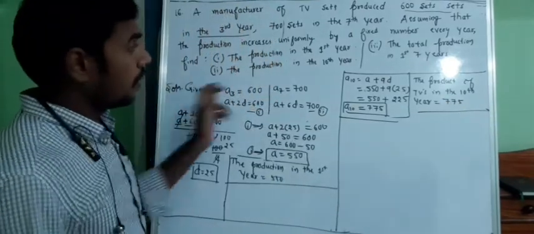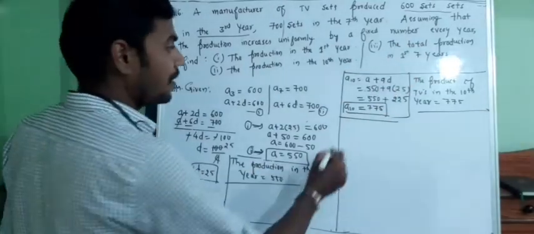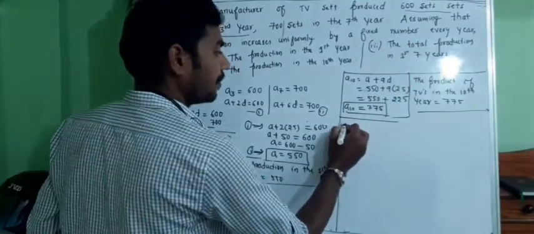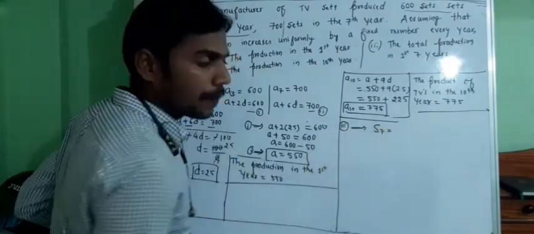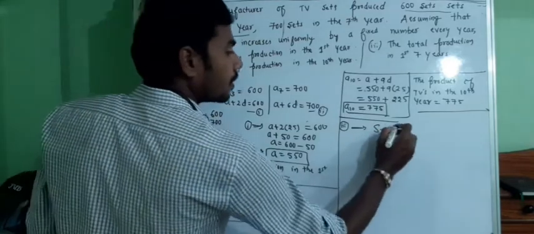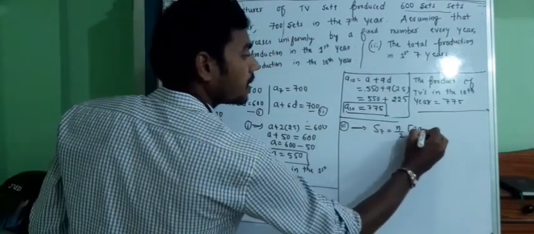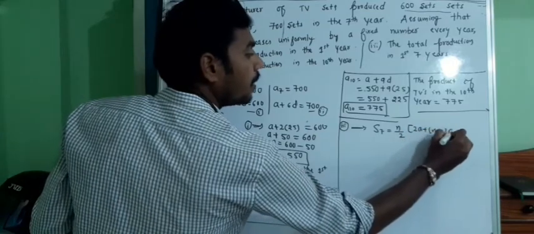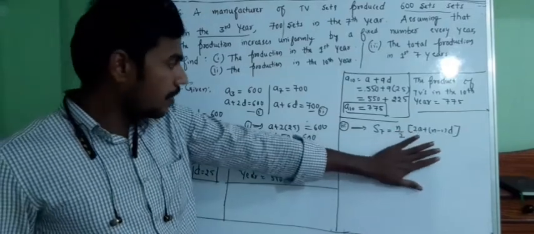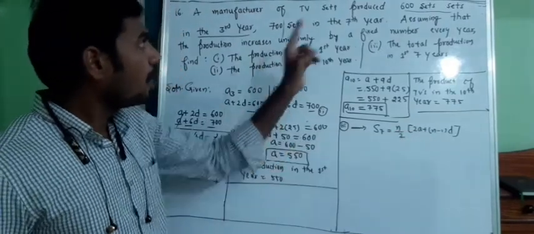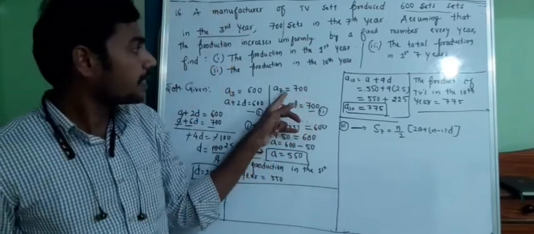Next, third part, the total production in the first 7 years. Then I need to calculate S7. For the third one, S7 is equal to n by 2 into 2a plus n minus 1 into d. Before that, I can use this formula, or else I know the amount of TVs manufactured in year 7.